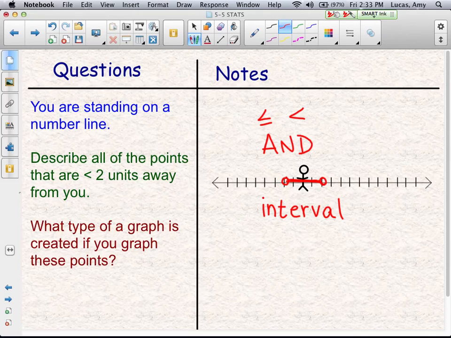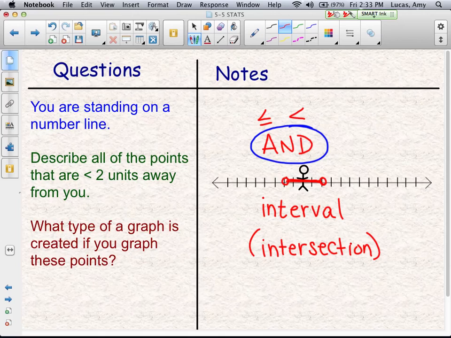Or the key word between the two inequalities is going to be and. So what you should notice in this section 5.5 is that we're using everything that we learned in section 5.4. So working with compound and inequalities, that's what we're going to be doing in our lesson today.